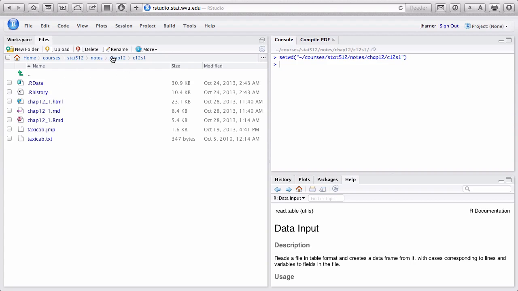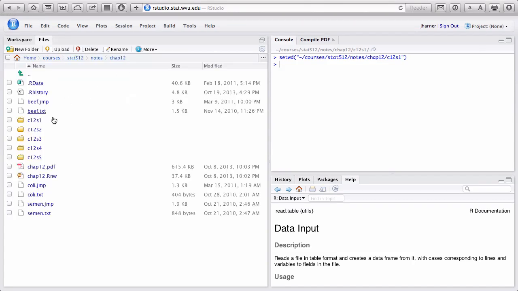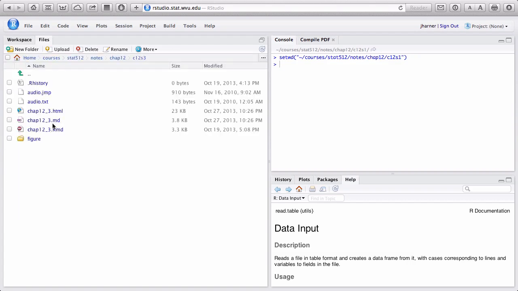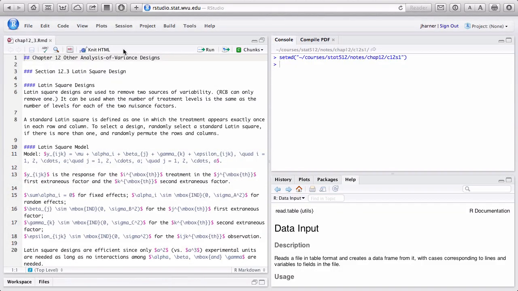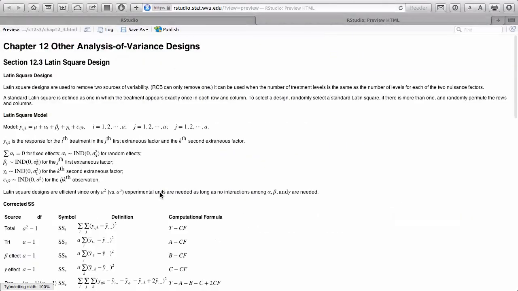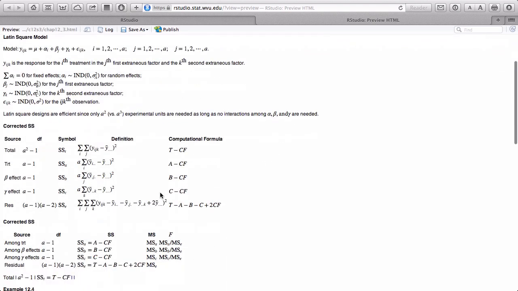Next, I want to go in and just talk briefly about the Latin square. It's a relatively short section. I think I talked about it briefly before, but let me just go back over it. Suppose you have two sources of variability that you want to remove.